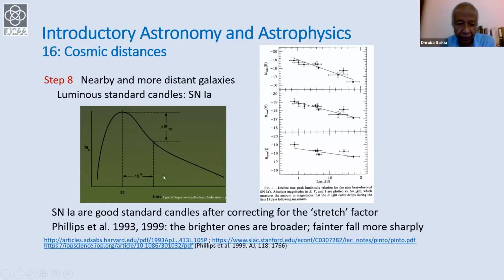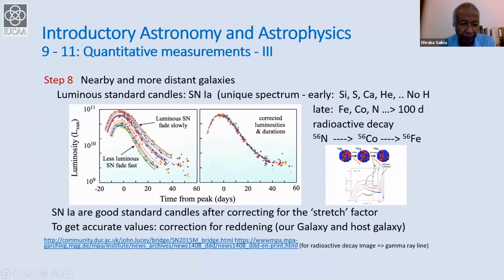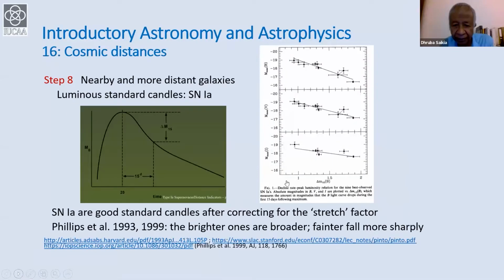So, for example, you can see over here that the drop in brightness is slower than the drop in brightness over here. So you measure the drop in brightness with time and standardize it to a fixed set of values which you agree upon.